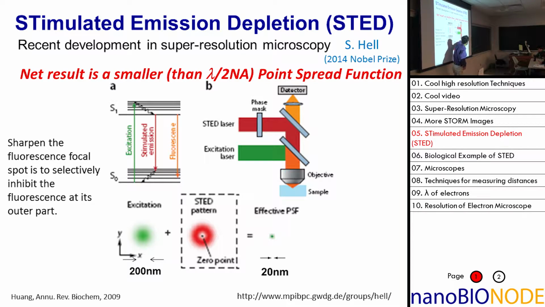It reflects the green. You have your sample, which is fluorescent. It emits red, and then it goes back and comes through this and is completely separated from the green excitation. Okay?